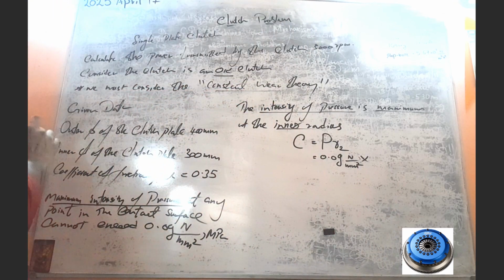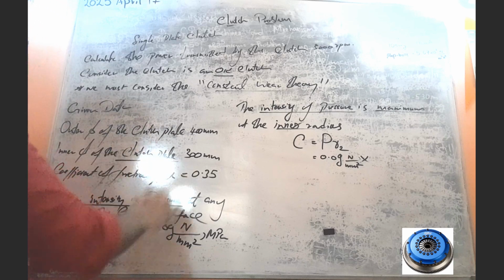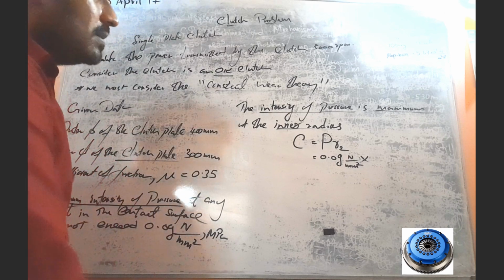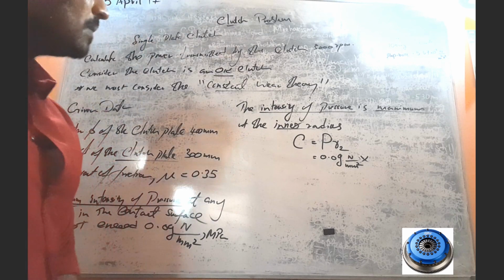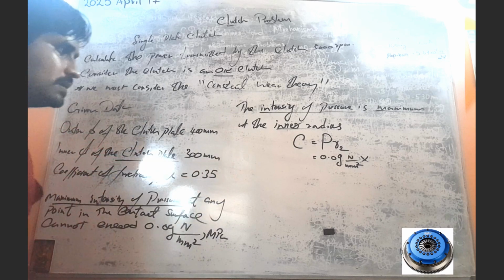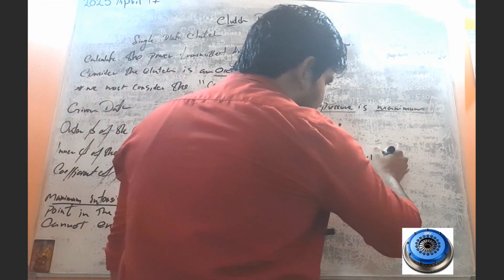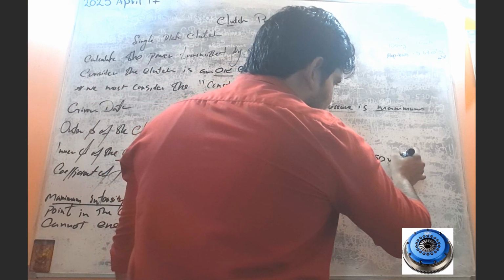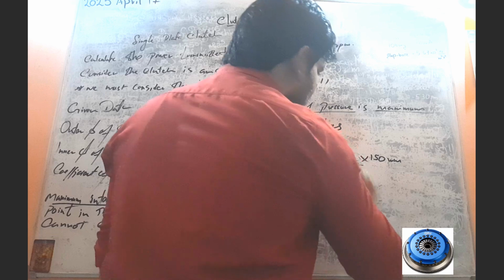We are given the inner diameter of the clutch plate, 300 millimeters, so the inner radius is half of 300, which means 150 millimeters.